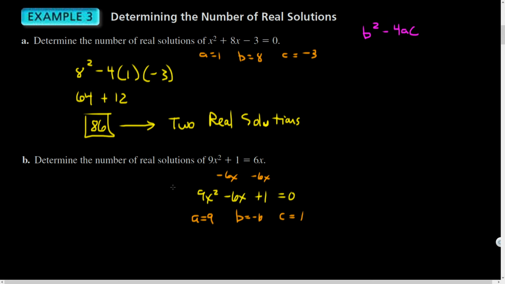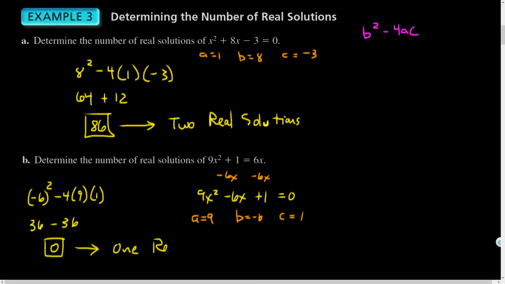Plug it into the discriminant. And so negative 6, careful, all squared, minus 4 times a times c. Negative 6 all squared is positive 36, minus 4 times 9 times 1 is 36. That equals 0. And therefore, that means this has one real solution.